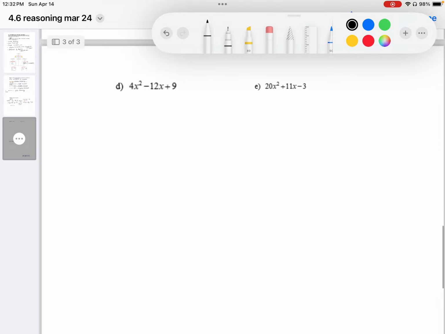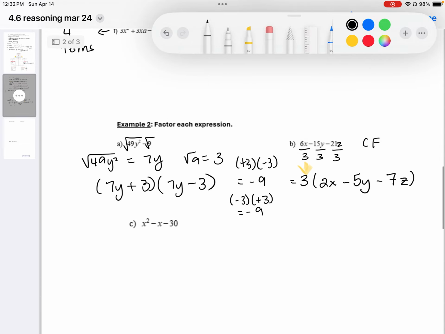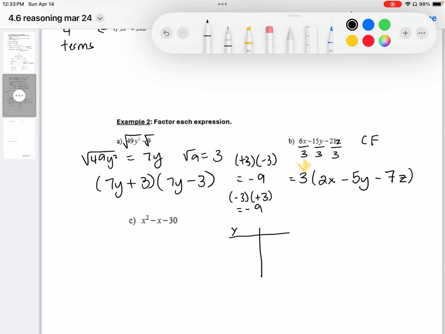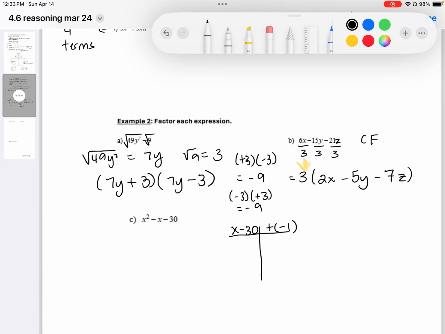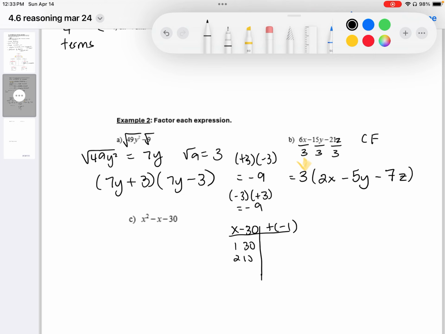Okay? So now we have x squared minus x minus 30, and you can employ guess and check here as well, because maybe now you've done so many of these, two numbers that multiply to negative 30 and add to negative 1. Maybe you don't even need to do 1 and 30, 2 and 15, 3 and 10. Your brain automatically is better at multiplication tables, and you know it's going to be 6 and 5.